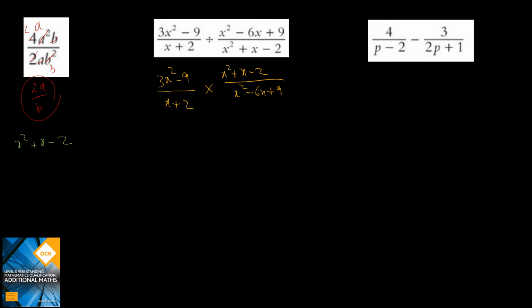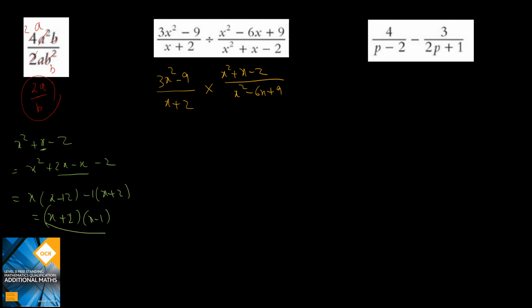I can write it as x squared plus 2x minus x minus 2. So I've broken the x down to 2x minus x to get common terms. I get x out, x plus 2, minus 1 out, x plus 2. So that equals x plus 2 times x minus 1. That's the factorization done.